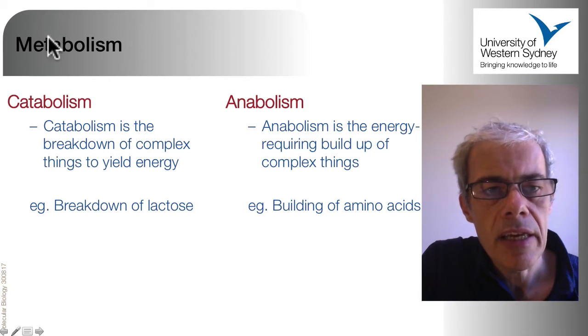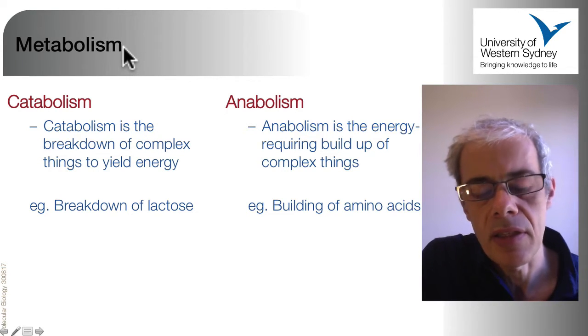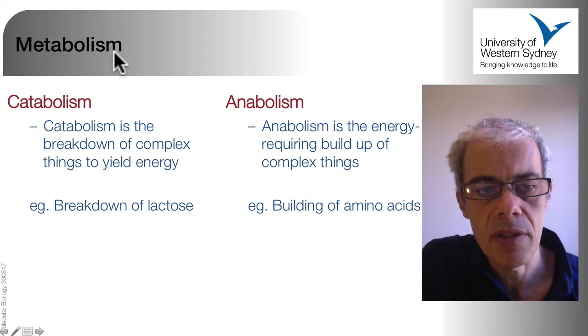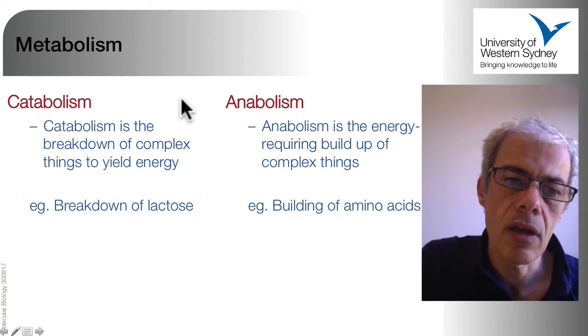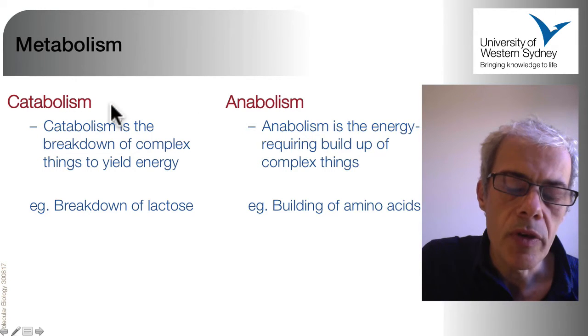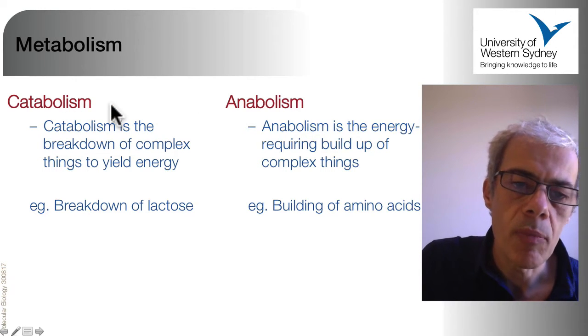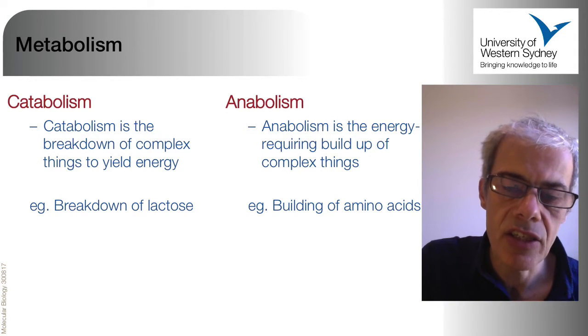So clearly, E. coli are metabolizing various metabolites, amino acids and sugars. Okay, now we have two types of metabolism that the cell undergoes. Okay, we have catabolism, which is the breakdown of a molecule such as a sugar to release energy.